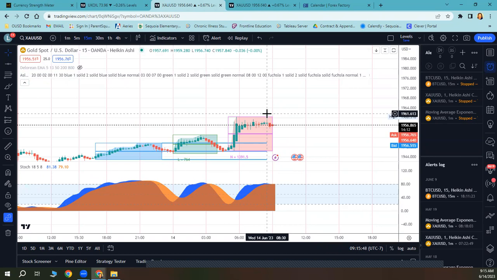I'm not greedy, but I am going to measure to see how far the market typically moves on news. And it typically moves about 10 points. So me personally, I would take 3 or 4 points. To be conservative, I'm going to take 3. So my buy stop is going to be 1961, and my TP is going to be 1964.